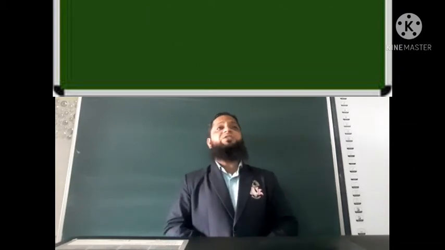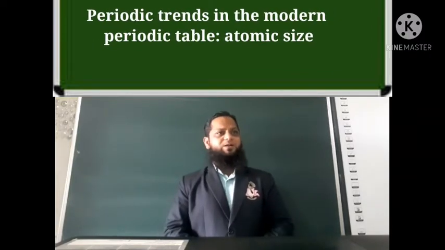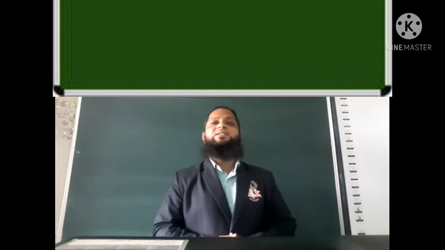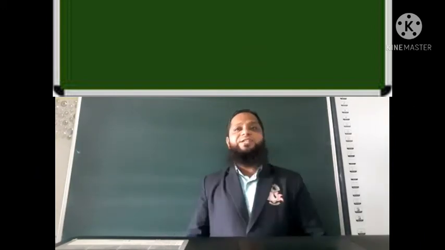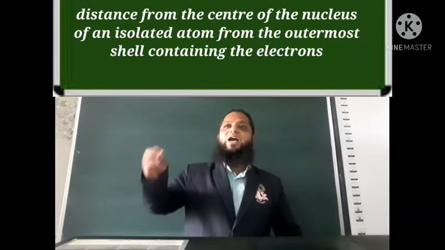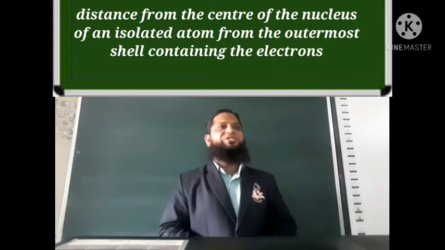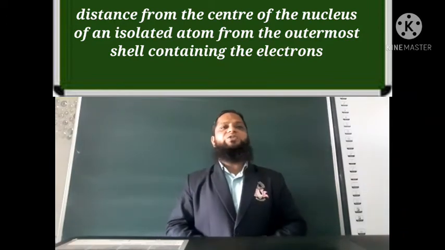Now let's see the second periodic trend in the modern periodic table. Atomic size is nothing but the distance from the center of the nucleus of an isolated atom to the outermost shell containing the electrons.